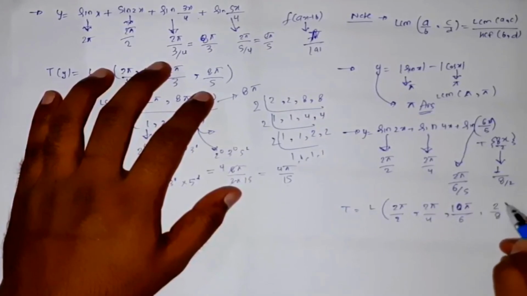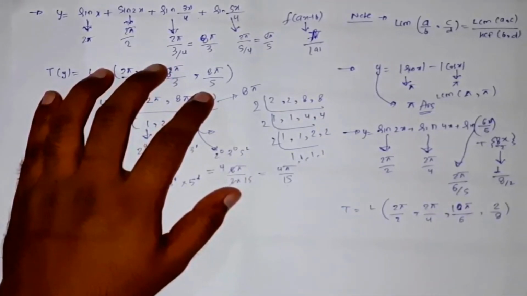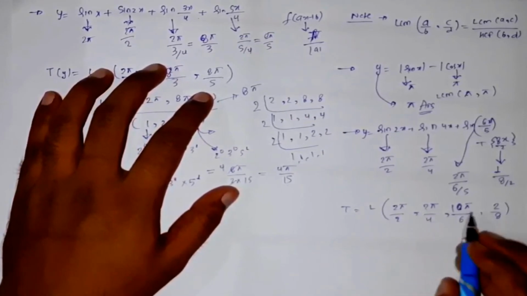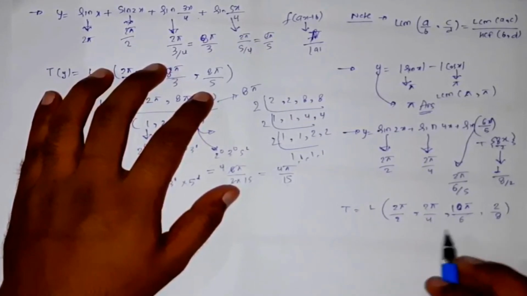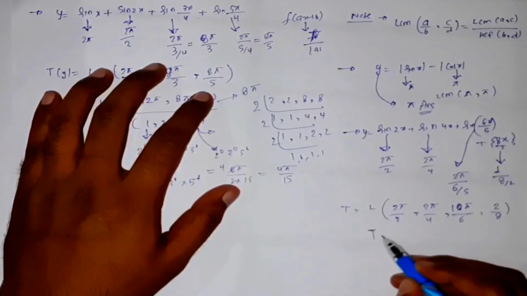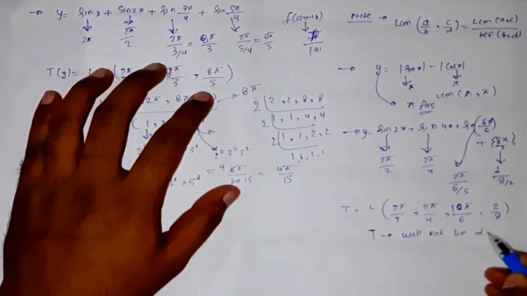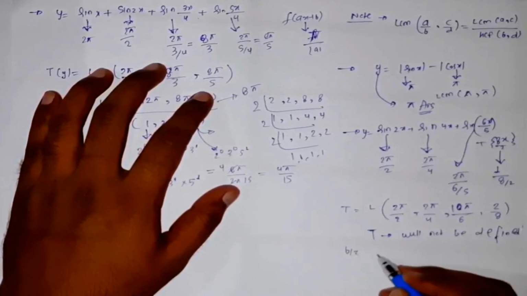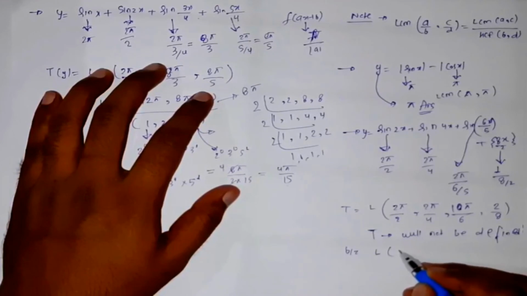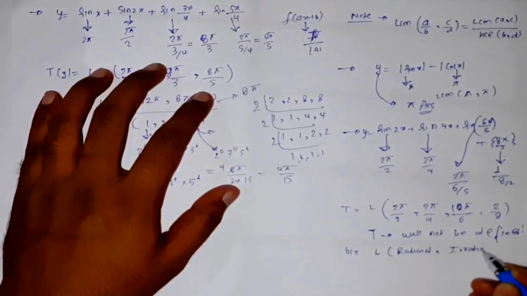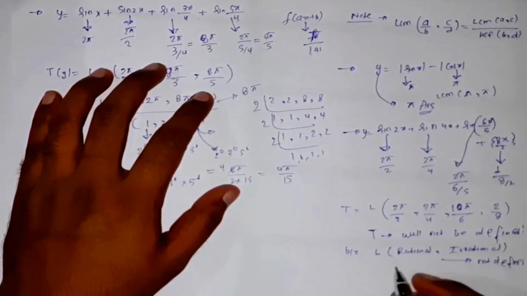Okay, so here we can say this T will not be defined, because the LCM of a rational and an irrational is not defined, because pi is 3.14 something.